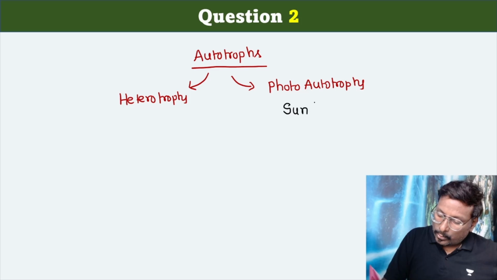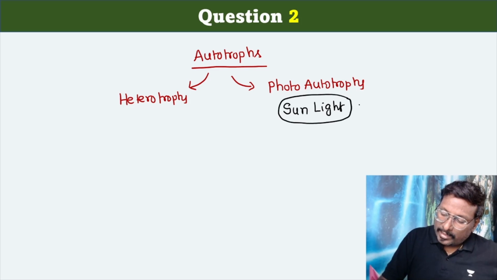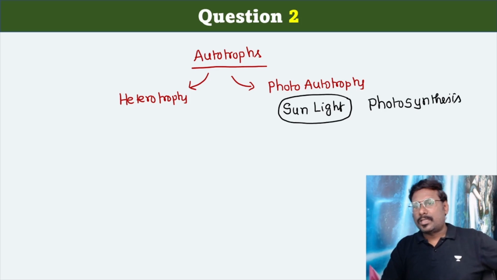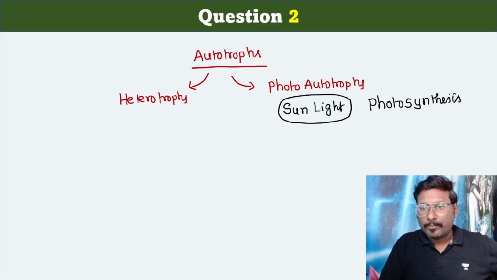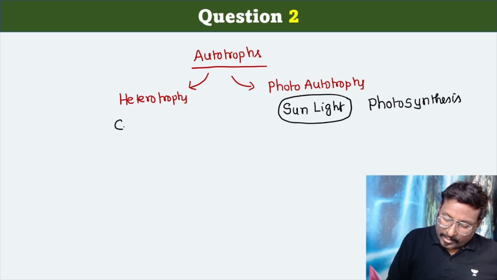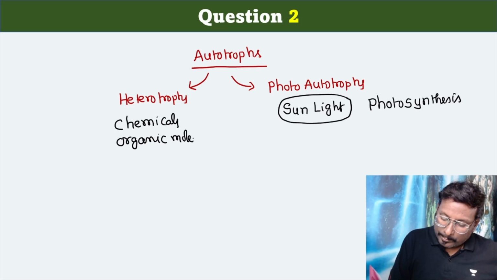If the energy source is sunlight, solar radiation is the energy source, and they perform photosynthesis. If the energy source is chemical, organic molecules, then they synthesize food.